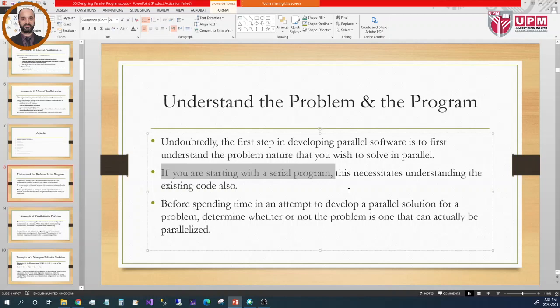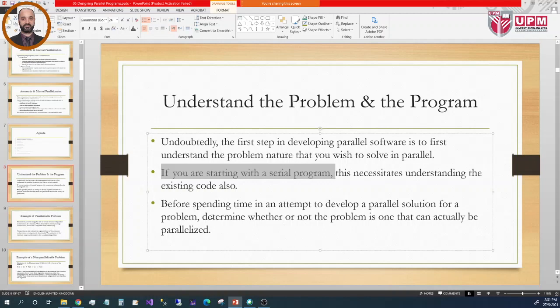Then after that, you try to find where the bottlenecks are, where the hotspots are, where the independent functions are, to know where to apply or put your parallelism, where to focus. Where are the bottlenecks? Where are the points of flaws that make the serial or sequential program very slow, for example.